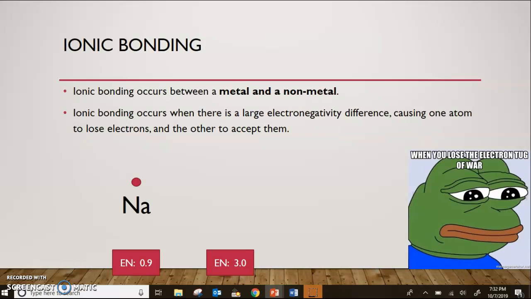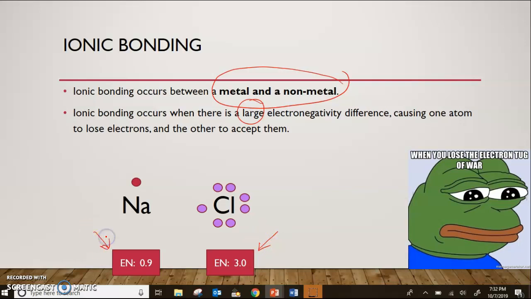Ionic bonding occurs generally, this is sort of your rule of thumb here, between a metal and a nonmetal. Metals being on the left-hand side of the periodic table, nonmetals being on the right-hand side. When there is a large electronegativity difference, one atom loses electrons and the other one accepts them. If you notice here, chlorine has a much larger attraction for electrons than sodium does.